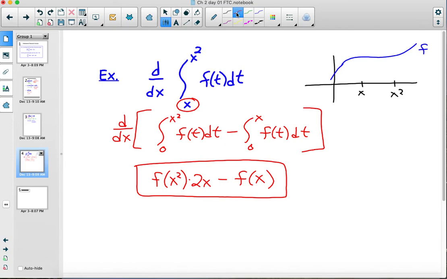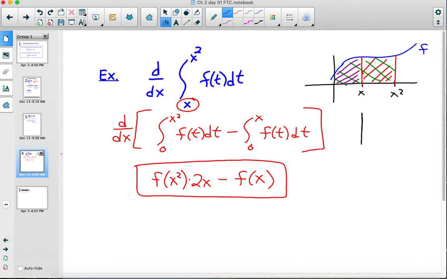So the integral from x to x squared represents this area. And when I split it up and said 0 to x squared, that would be all of this minus the integral from 0 to x, which would be this amount. And so the green minus the purple would give us the red. So that works out fine.